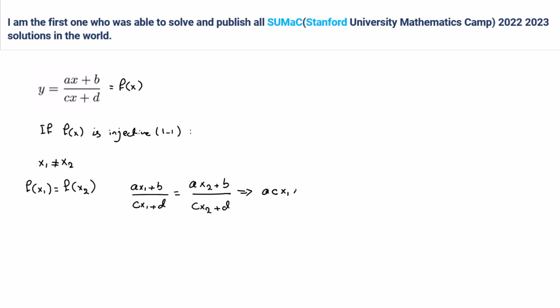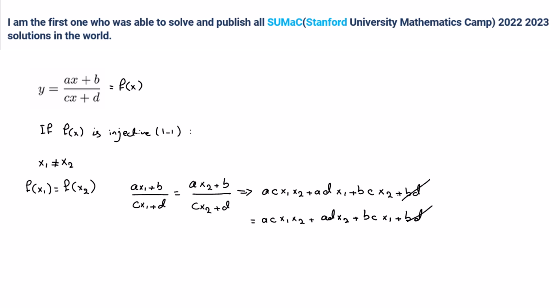Then AC x1 x2 plus AD x1 plus BC x2 plus BD is equal to AC x1 x2 again plus AD x2 plus BC x1 plus BD.